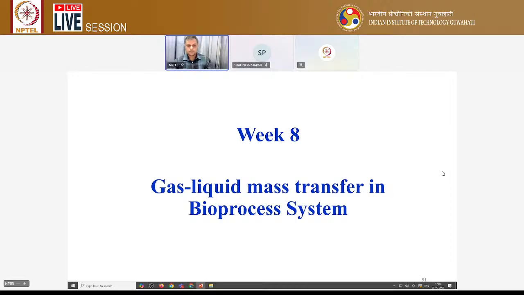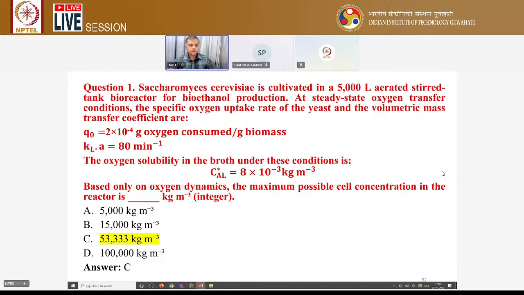So that is gas liquid mass transfer in the bioprocess. So in this week, we mostly discuss about this aeration and agitation process. So the first question is, this Saccharomyces cerevisiae is cultivated in 5,000 liter aerated steel tank bioreactor for bioethanol production.